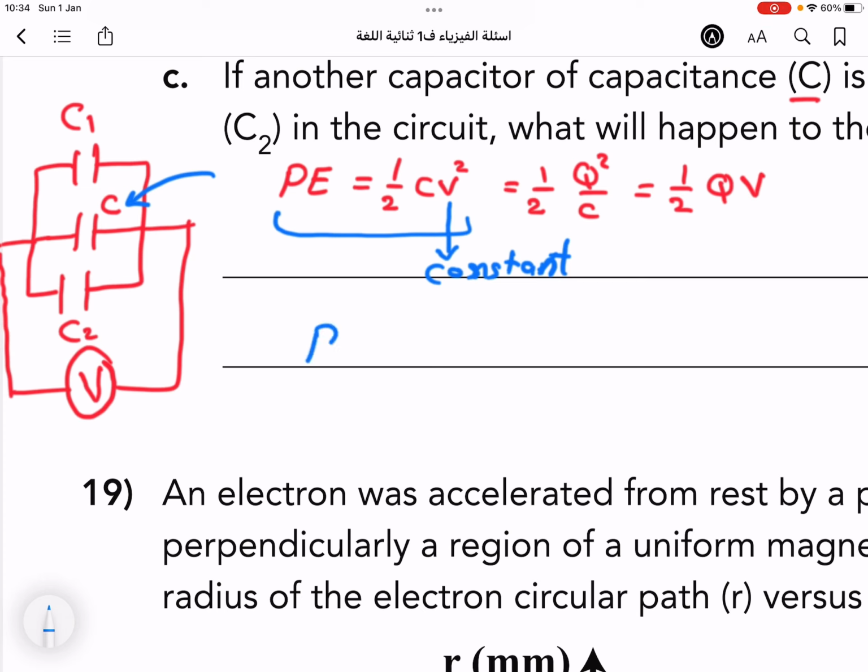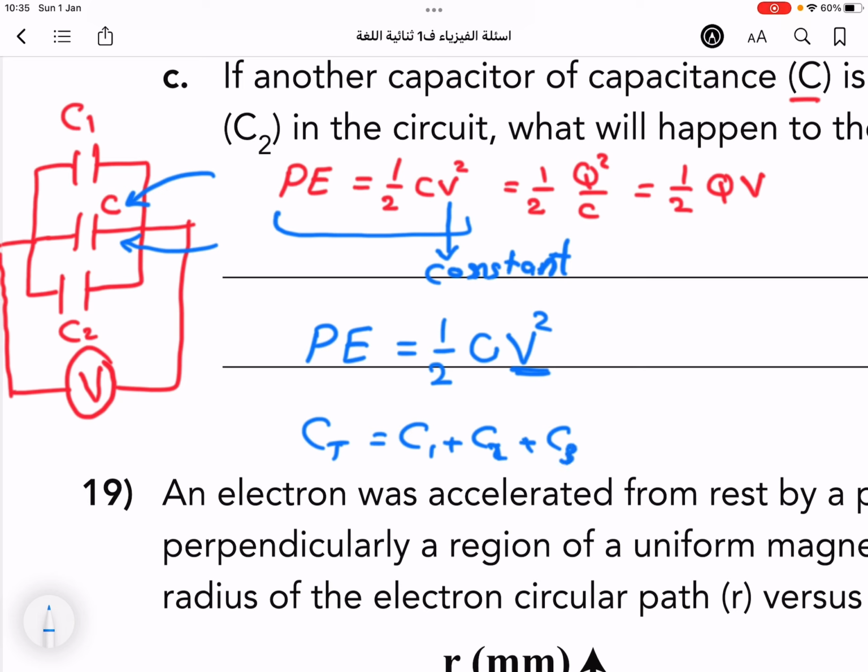So PE equals half C V square. When we add the capacitor C here, the potential difference V will be the same, constant, but when we add it, the total capacitance will increase, because the total capacitance of any capacitors connected in parallel is C1 plus C2 plus C3 plus etc. So the total capacitance C total increases.